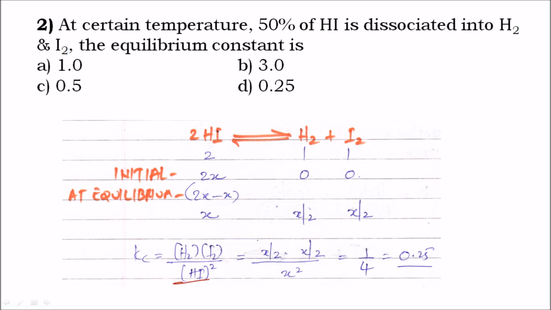H2 concentration is x by 2, I2 concentration is x by 2, and HI concentration is x to the power 2, so x square. If you simplify you'll get 1 by 4, that's nothing but 0.25. So the right answer for this question is 0.25. Let's go to the third question now.